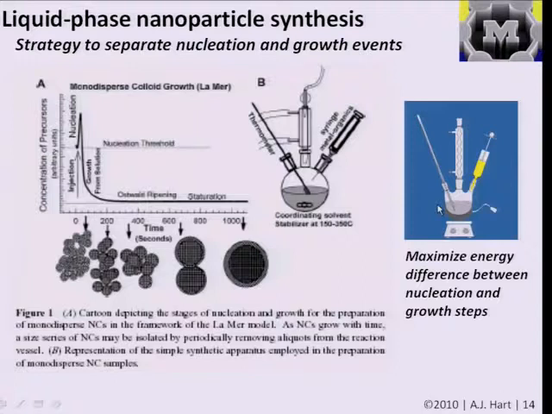So it might be typical, for example, to start out just with a liquid solution, a solvent, in which this precursor is soluble, and not have any precursor in it. Turn on the hot plate to heat it up to, say, 300 C. And then when the temperature is stable, move the syringe and inject a certain amount of precursor in here, such that when it's stirred apart, it reaches a desired concentration.